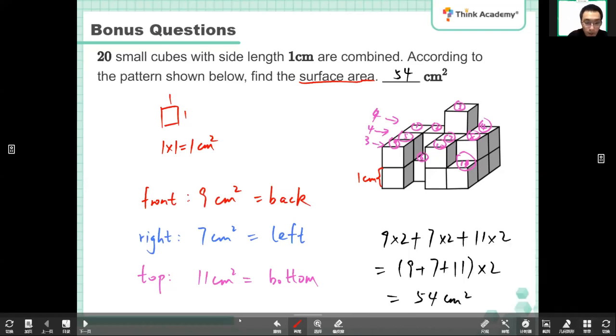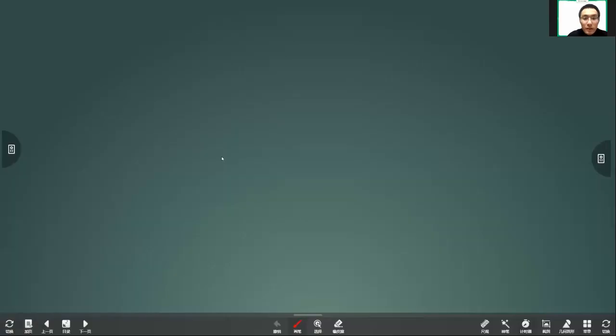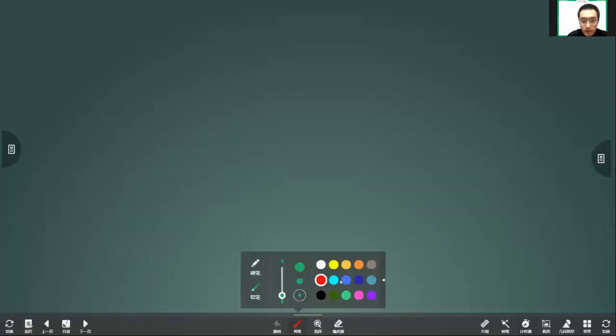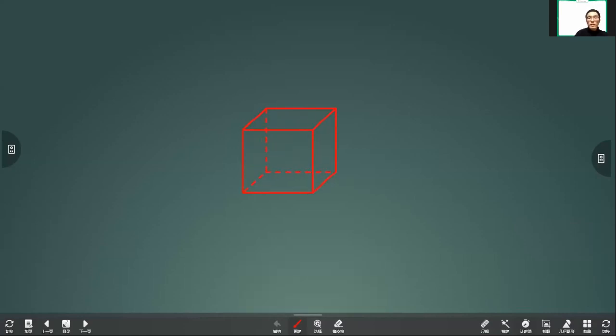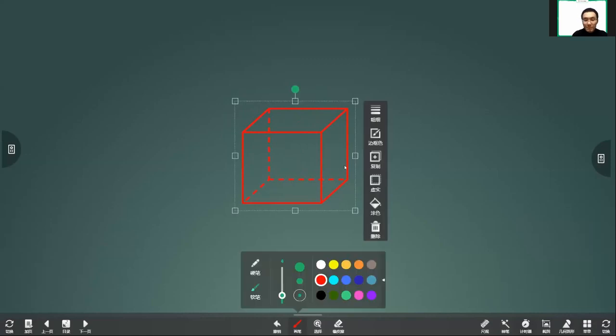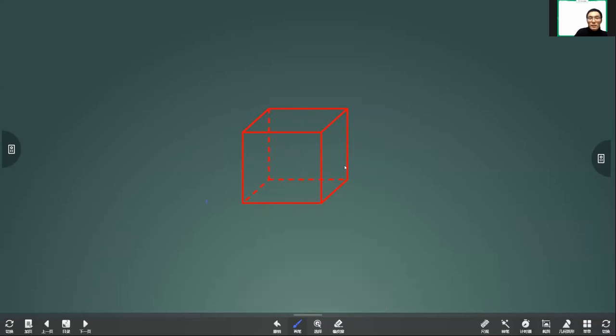Can I get a blank page? Yes, I can. Also, can I have some geometric shapes? Yes, I can. So here's a cube. And in the question, we have a 3 by 3 cube because we have 27 cubes in total.